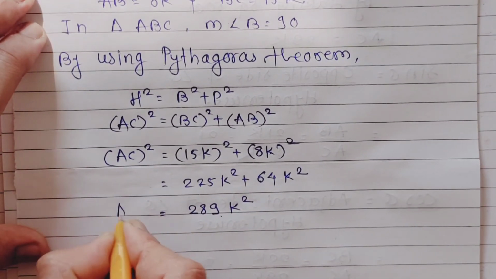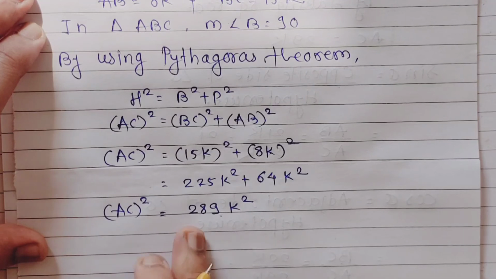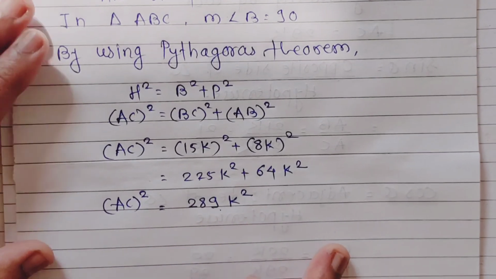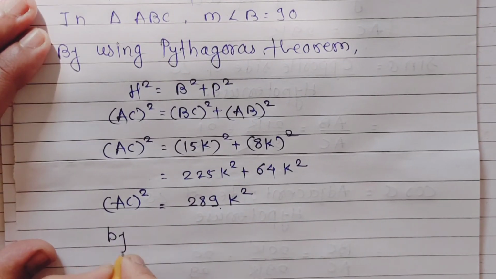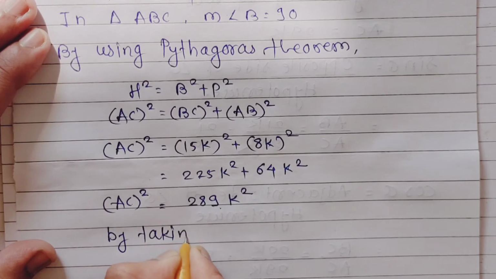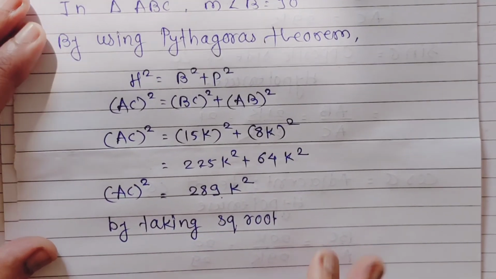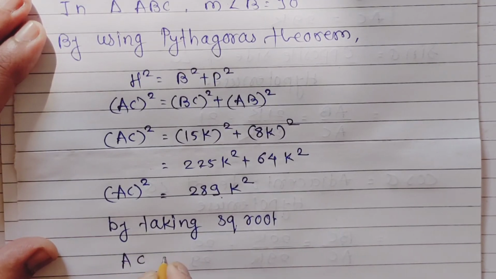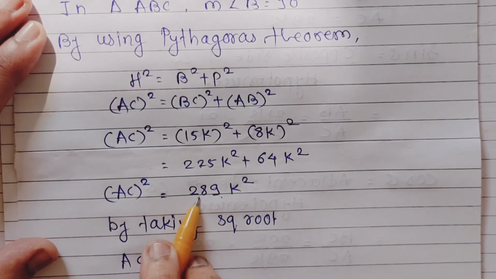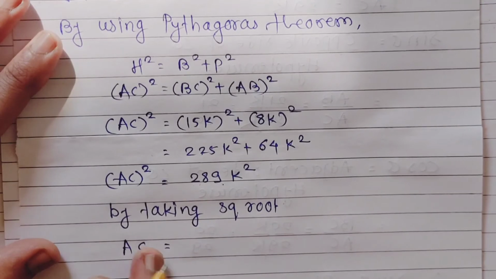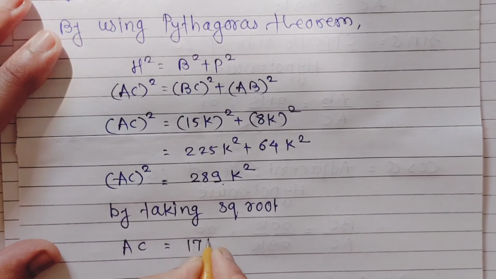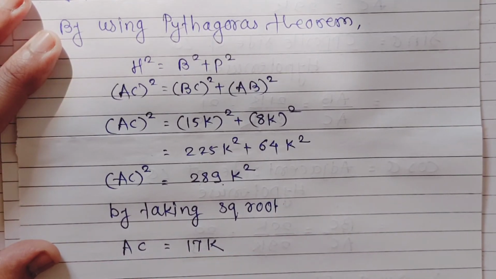That means AC square is equal to 289 k square. So by taking square root from both sides, AC is equal to, we know that 17 square is 289. That means AC is equal to 17k. Is it clear? 17 square is 289, that means the square root of 289 is 17. So AC is equal to 17k.